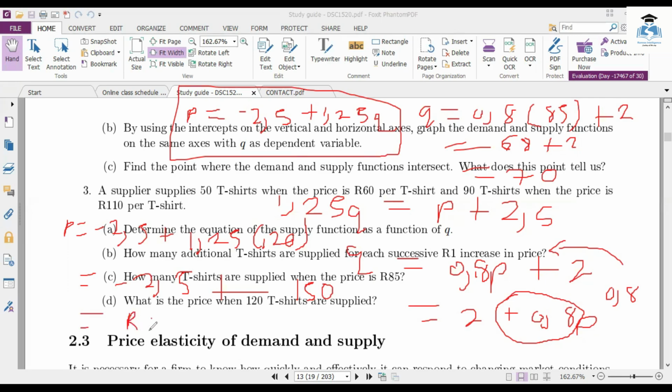So Rand 147.5. So that's all they wanted you to do.